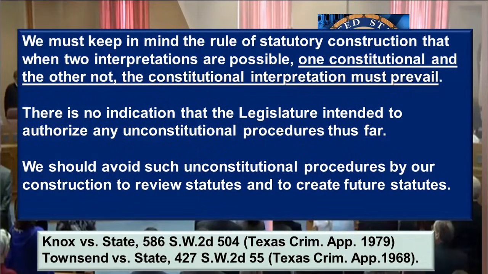This is a case in Texas called Knox versus State. And what I like about this case, it says this. The construct is, if you have one constitutional law and it conflicts with the interpretation of a state code, then what they're saying here is that the Constitution will always win.